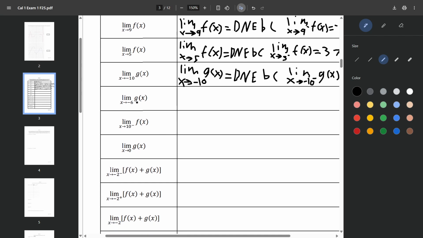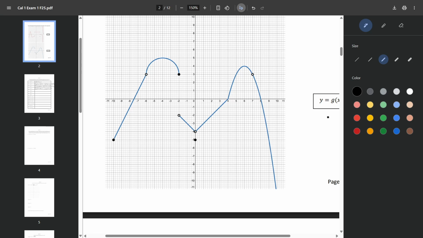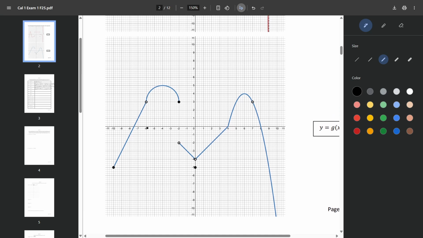Now for this question, it's limit of x approaching negative 6 of g of x. So once again, go to g of x, and at negative 6, we can see that whilst our point isn't defined at x equals negative 6, we do have a graph coming from the left and the right of x equals negative 6, and they both approach the same value at 3.